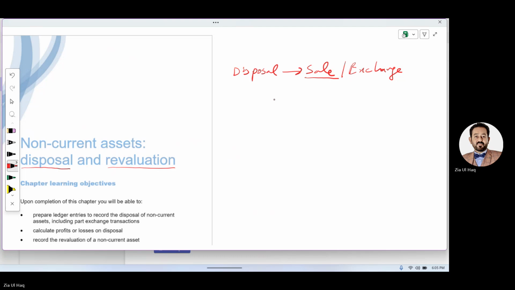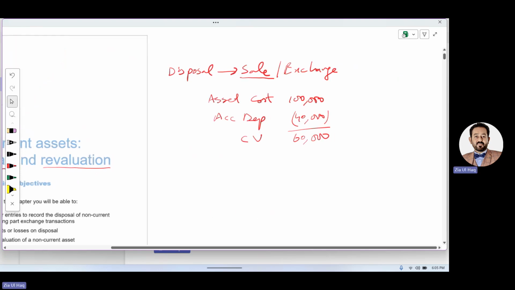Suppose we have an asset with cost, say, 100,000. Its accumulated depreciation is, say, 40,000. What is this 60,000? It's the carrying value.